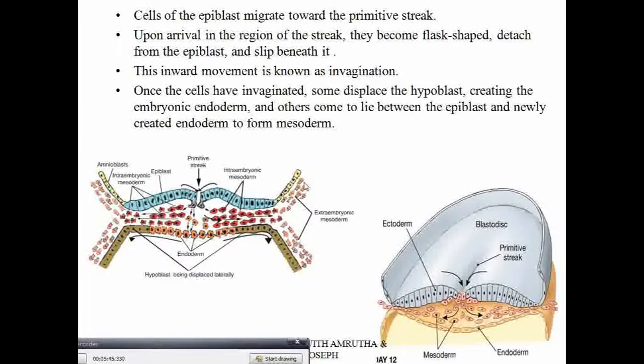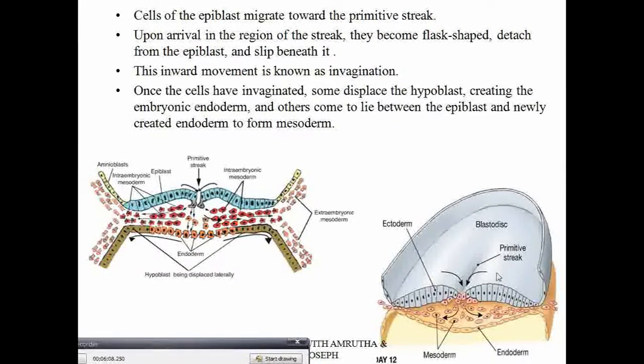Now cells of the epiblast, which is here, migrate towards the primitive streak. They slowly start moving from the epiblast to the primitive streak. Upon arrival in the region of the streak, they become flask shaped. So the cells change their shape.